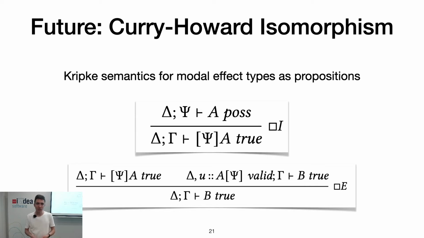We will replace our term judgments with judgments of validity, possibility, or truth, and we plan to develop Kripke semantics for it, which is something that is traditionally done for systems of modal types or modal logic. And by that, we will obtain immediately a Curry-Howard isomorphism between programming languages with algebraic effects and systems of modal logic. But that's future work.